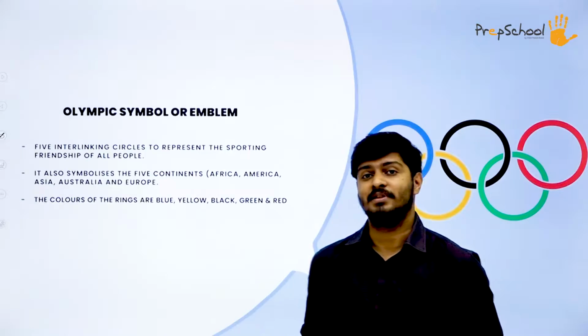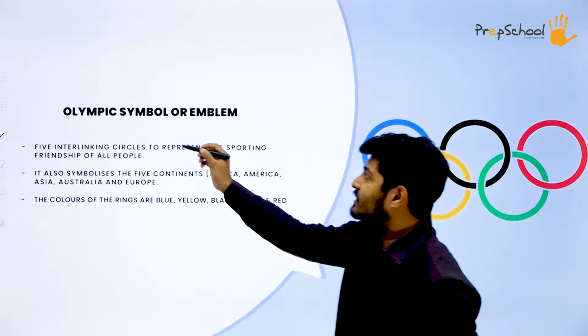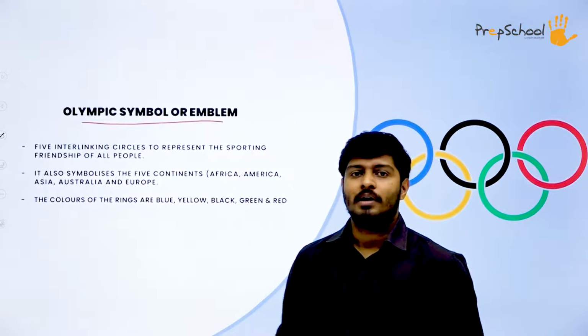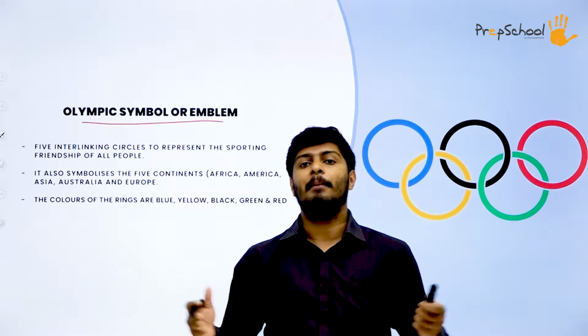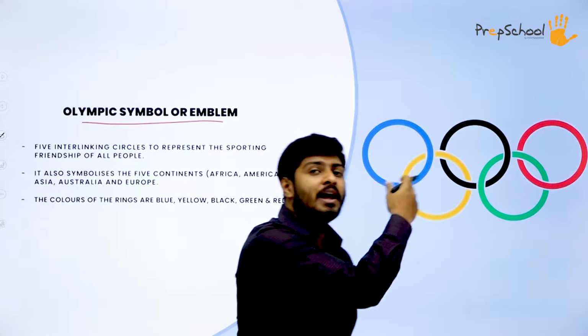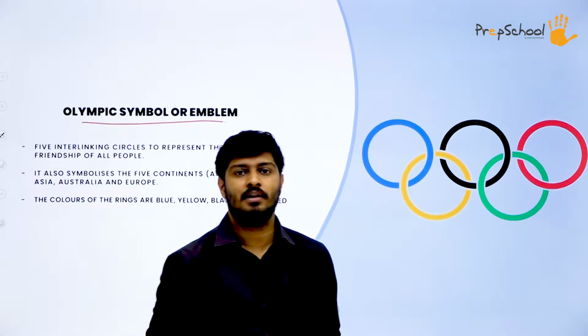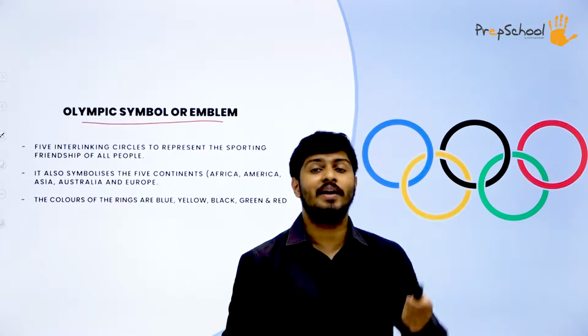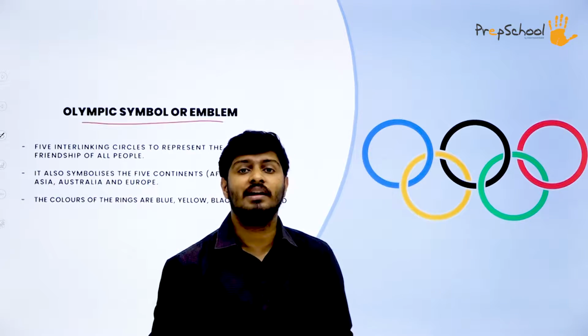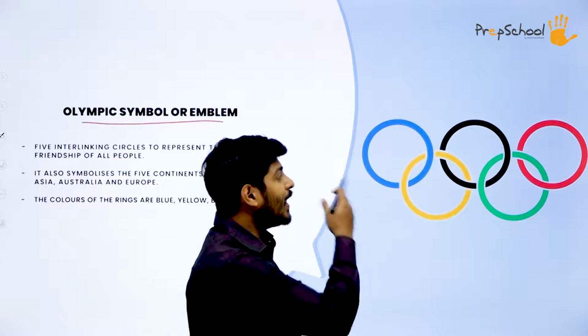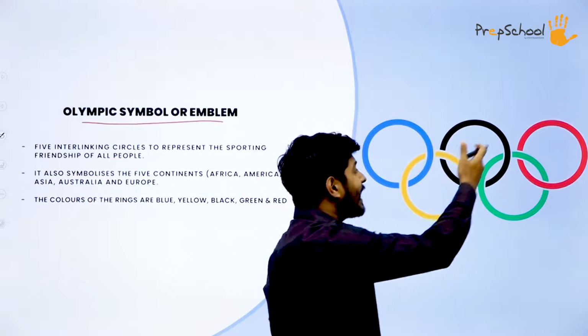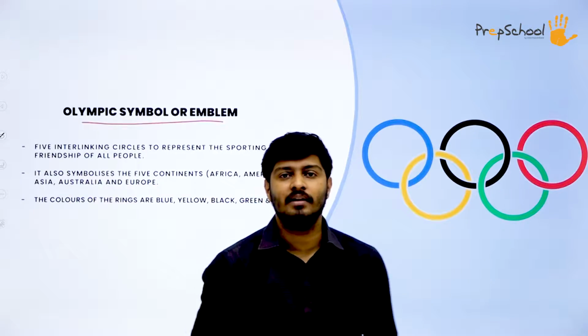And what does it represent? So, the Olympic symbol or emblem. What is it? You can see there are 5 interlinking circles, or interconnected circles, so as to say. And the 5 interlinking circles are in 5 different colors: blue, black, red, yellow and green.